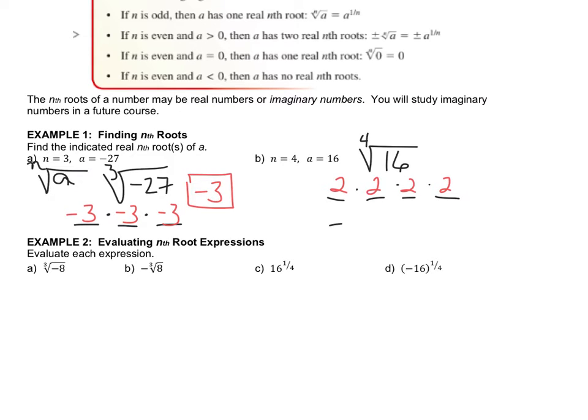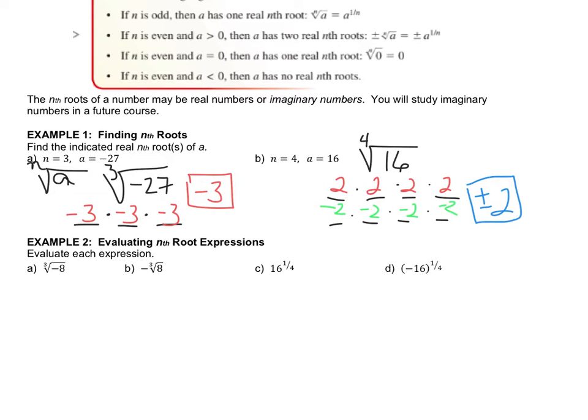But isn't there another solution? Negative 2 times negative 2 is positive 4, times negative 2 is negative 8, times negative 2 is 16 also. So this one has 2 solutions, both positive and negative.